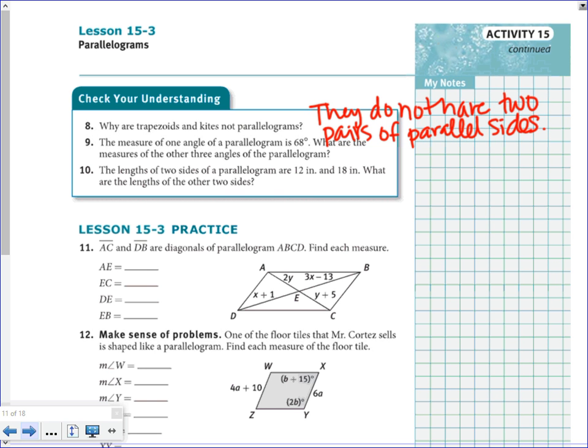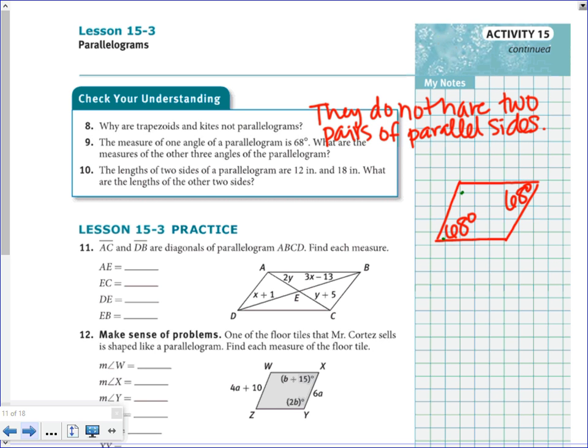So looking at number 9, one angle of a parallelogram, they tell you, is 68. The opposite angle of that parallelogram is going to be congruent because opposite angles are congruent. So one of the angles is going to be 68. Then we need to find the other two. We know consecutive angles are supplementary.